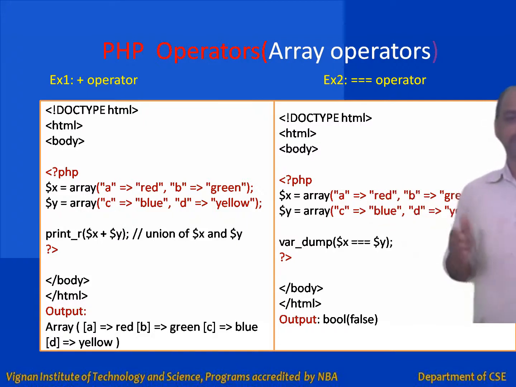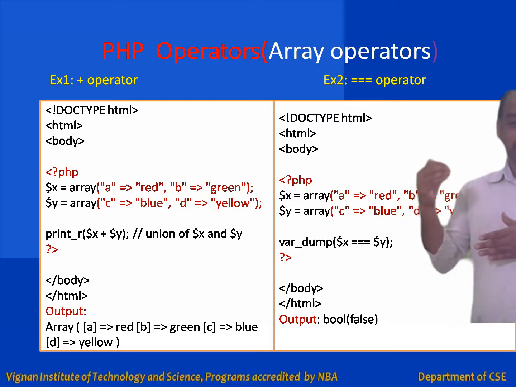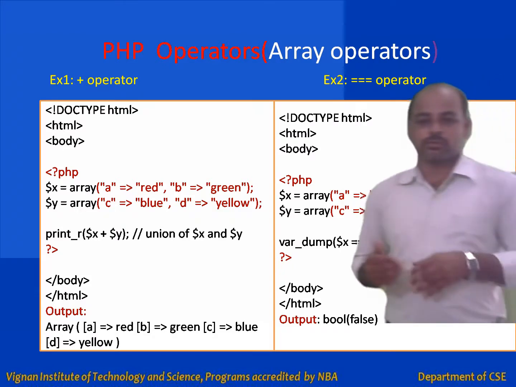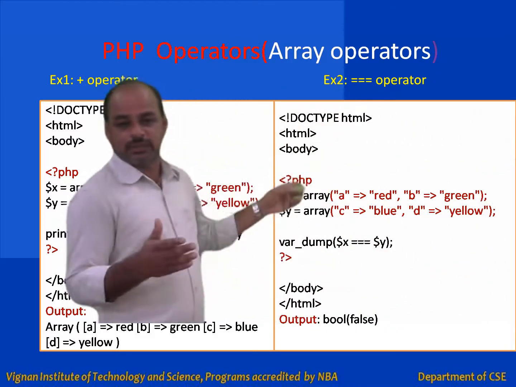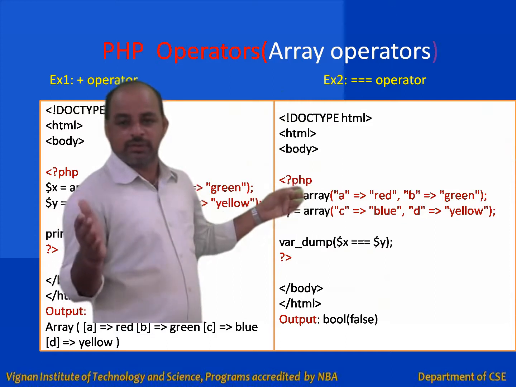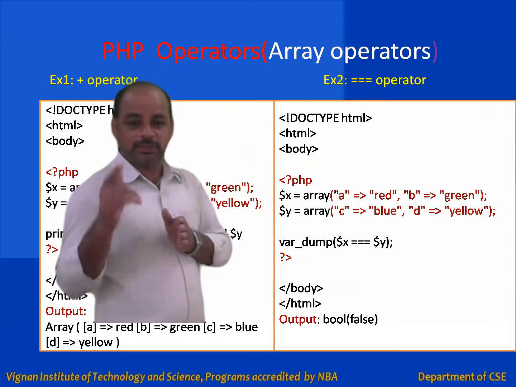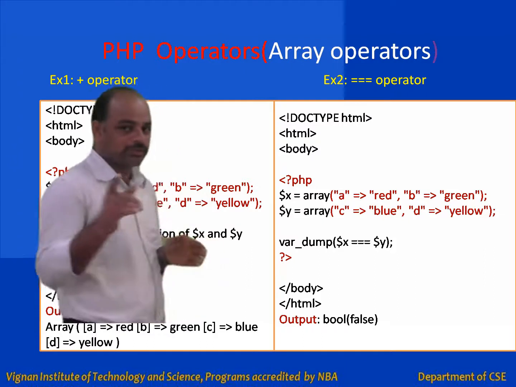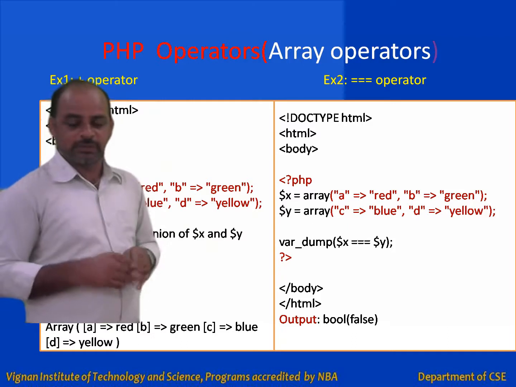What it does here is compare the element key value pairs in array X and array Y. Because these two key value pairs are not the same, A implies red and B implies green. Array X has two elements, red and green, and array Y has two elements, blue and yellow. Because these two are not identical, it returns a Boolean value false here.